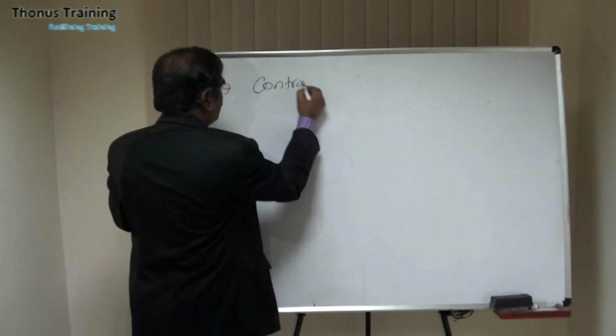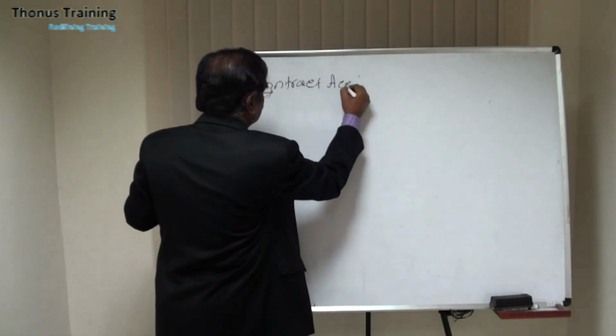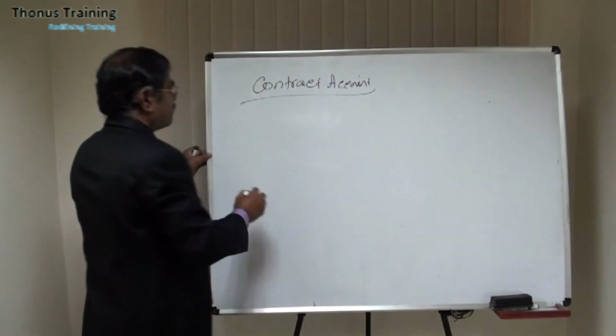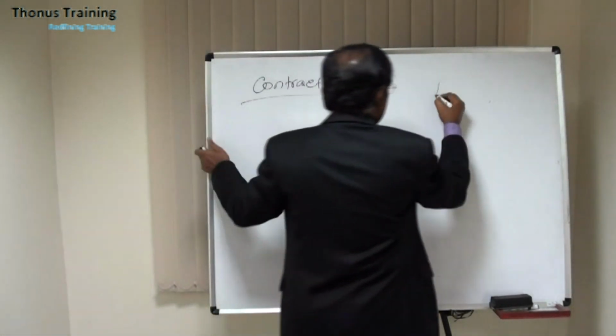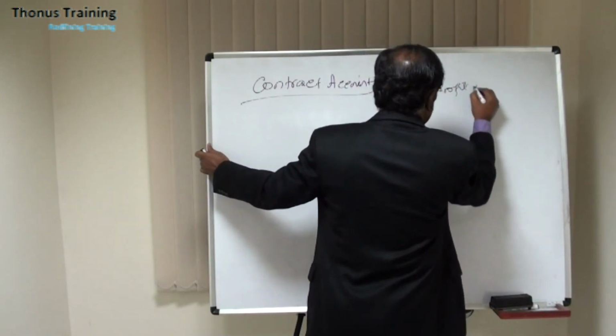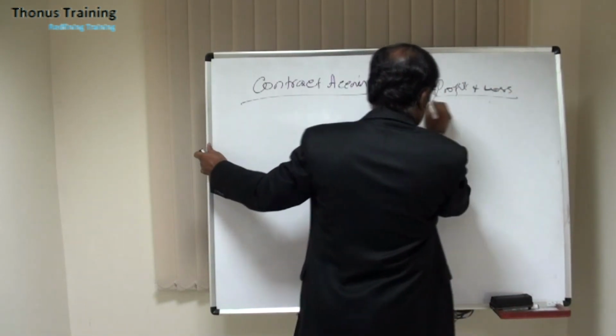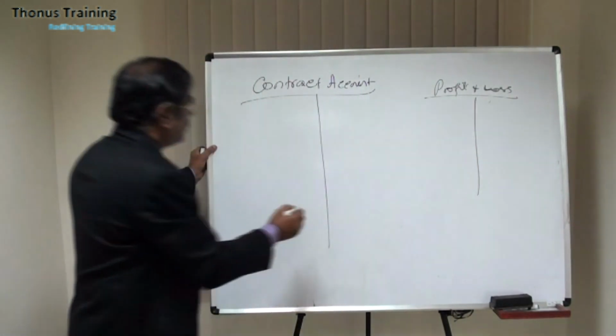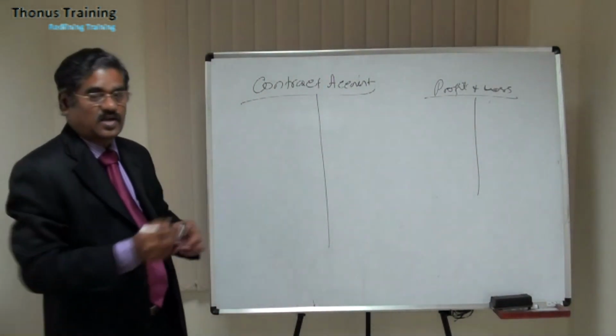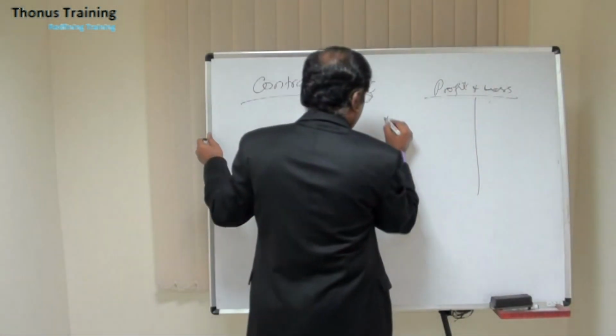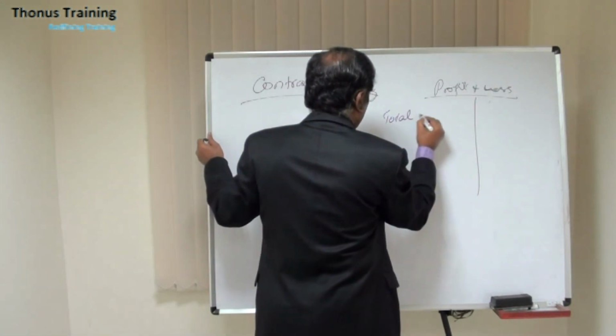Account called contract account. Simultaneously, you prepare another account called the profit or loss made out of the contract. First, in the profit and loss account, you have to debit total cost.